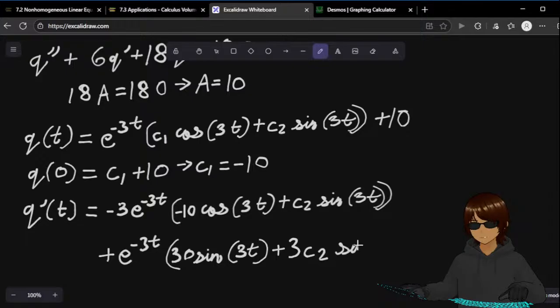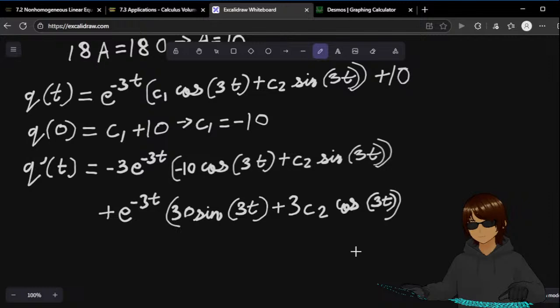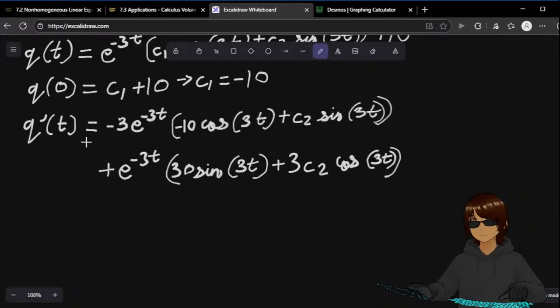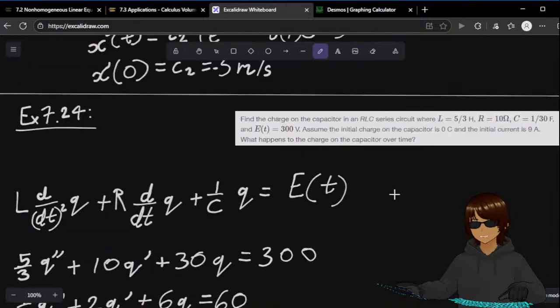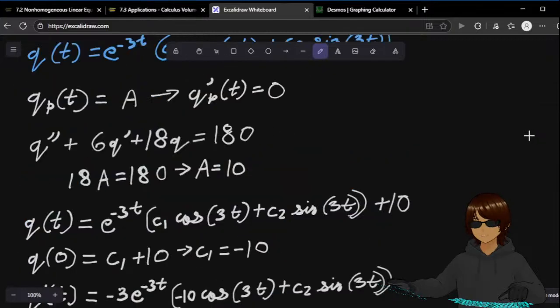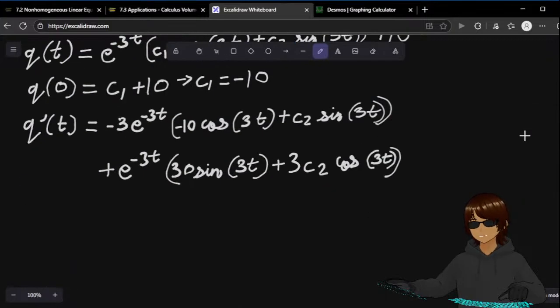C2 sine t, and this becomes cos. If t is 0, then the answer is 9.